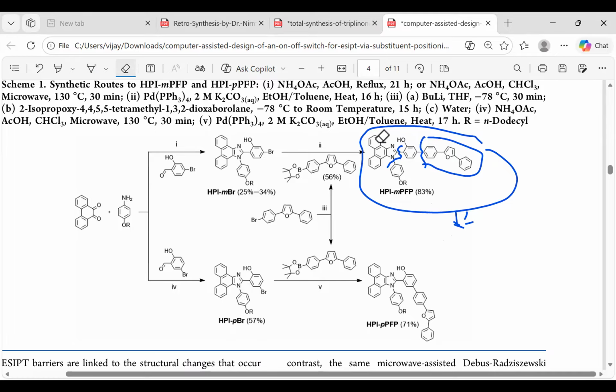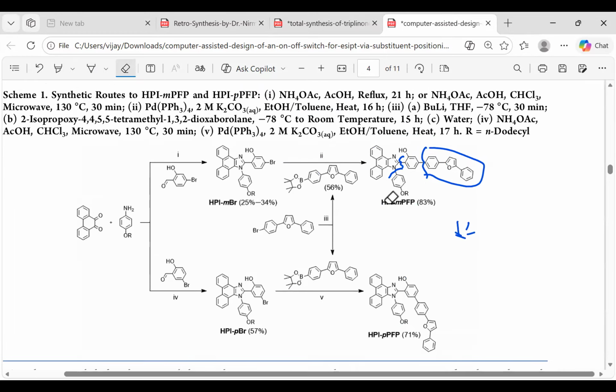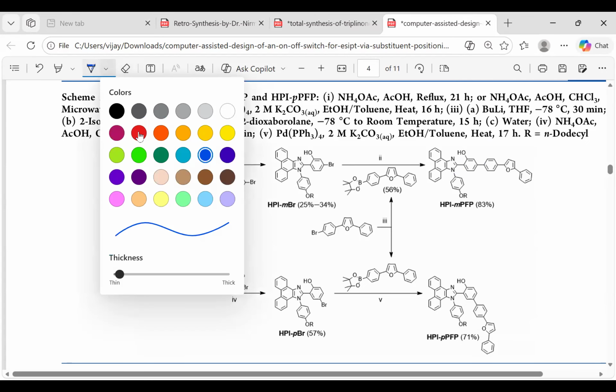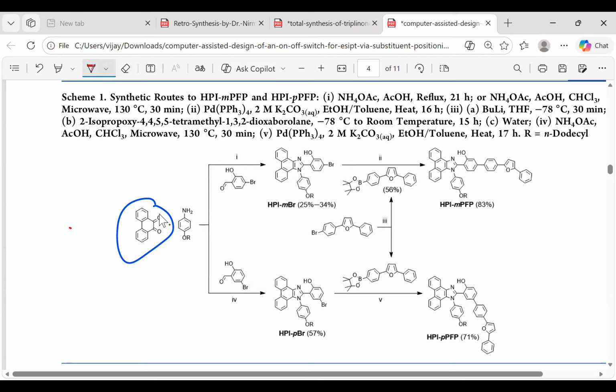And if I just look at the synthesis, you will understand how the synthesis of this molecule was done. So we have this diketo compound. What we did was simply treat this diketo compound with the amine in the presence of acetic acid.